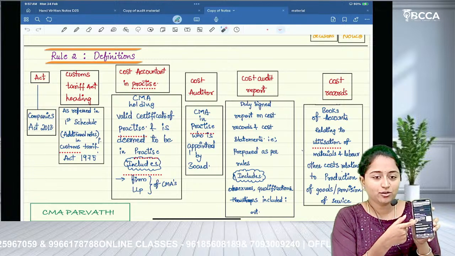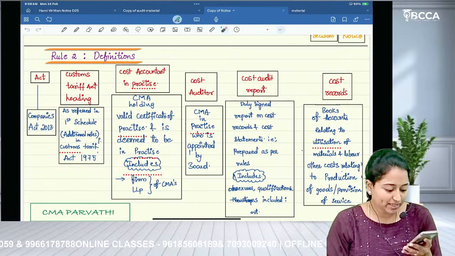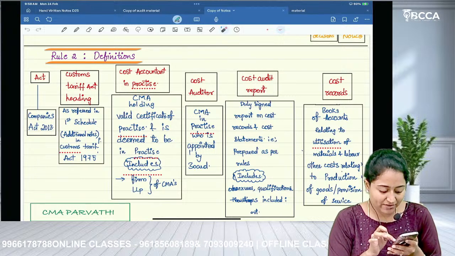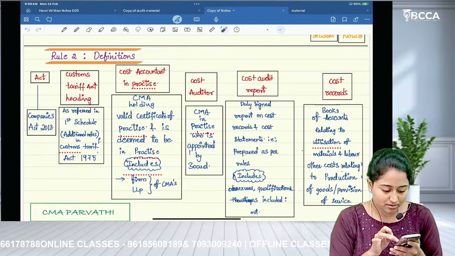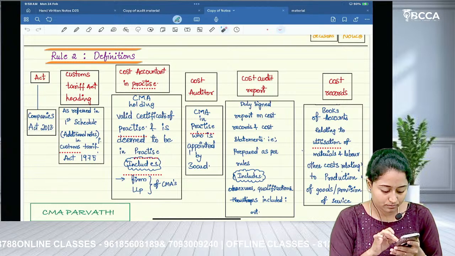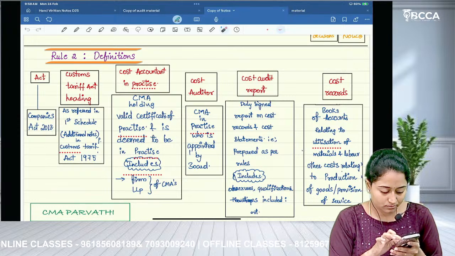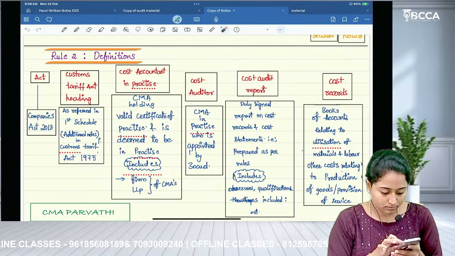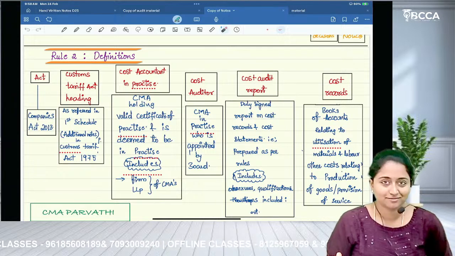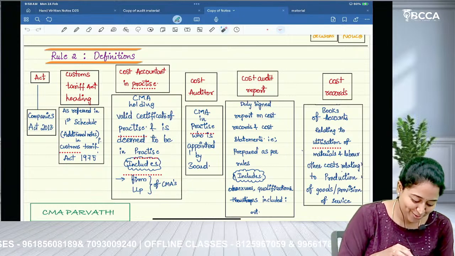Open that Customs Tariff Act 1975 Indian Code. This is around 764 pages or something.